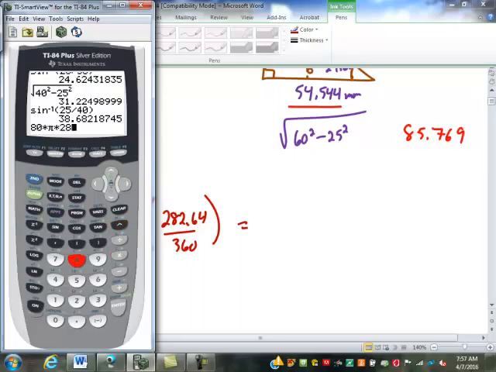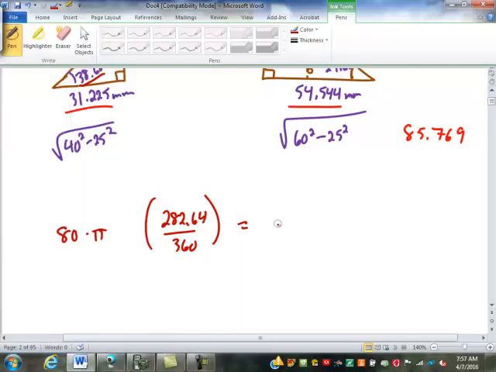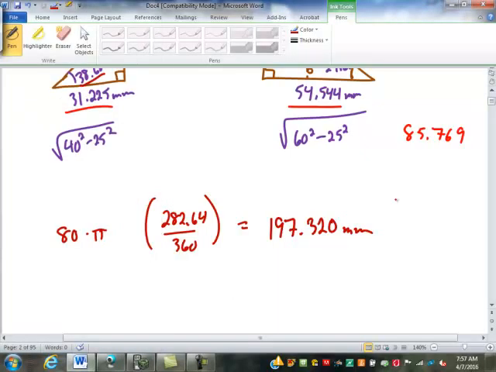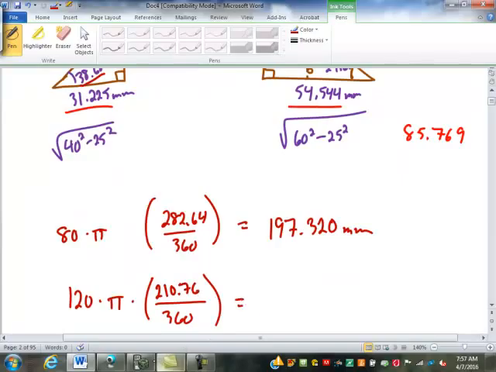Oh, diameter, 80. 197.320. Over here, that's 120 times pi times that angle, 210.76, over 360.